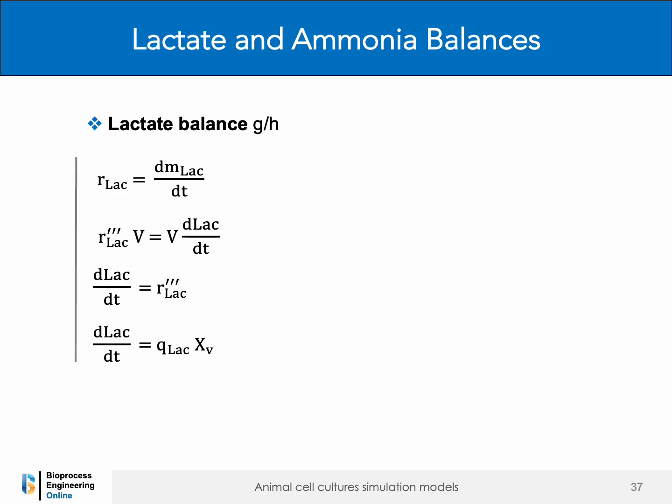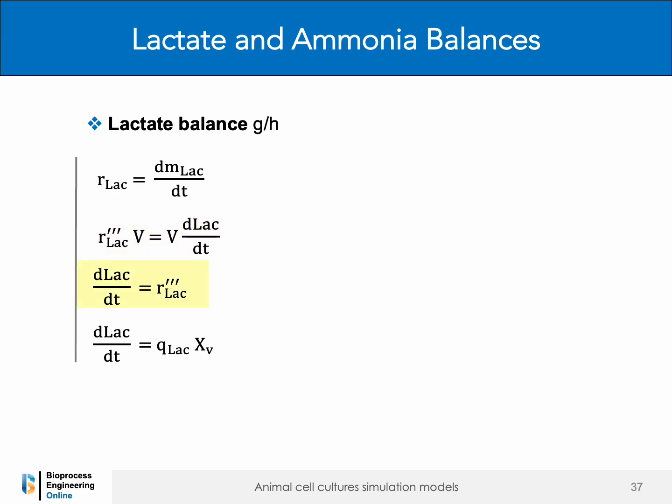A similar approach is applied to the produced metabolite lactate. The instantaneous mass balance states that the lactate production rate, R-lac, is equal to the rate of variation of lactate in the bioreactor, dm-lac over dt. Introducing the corresponding volumetric rate, the balance becomes volumetric lactate production rate, R-lac third, V equals V d-lac over dt.